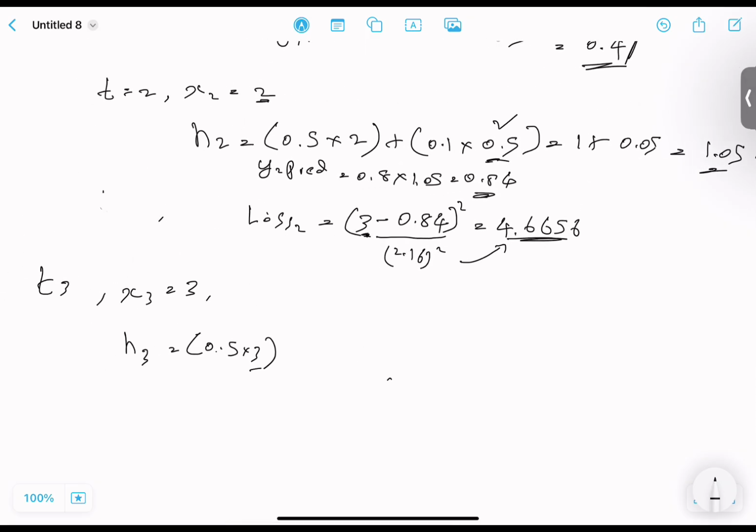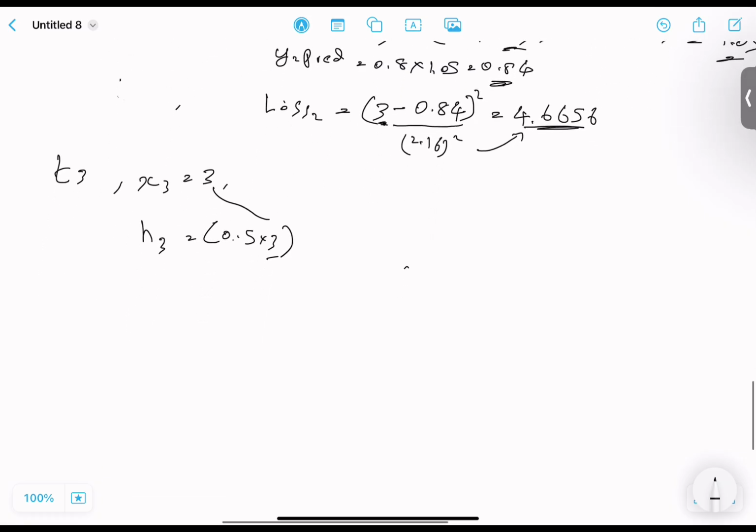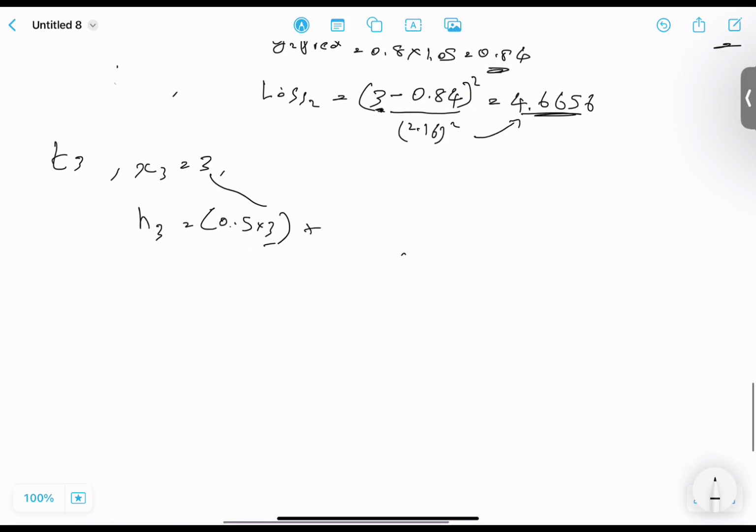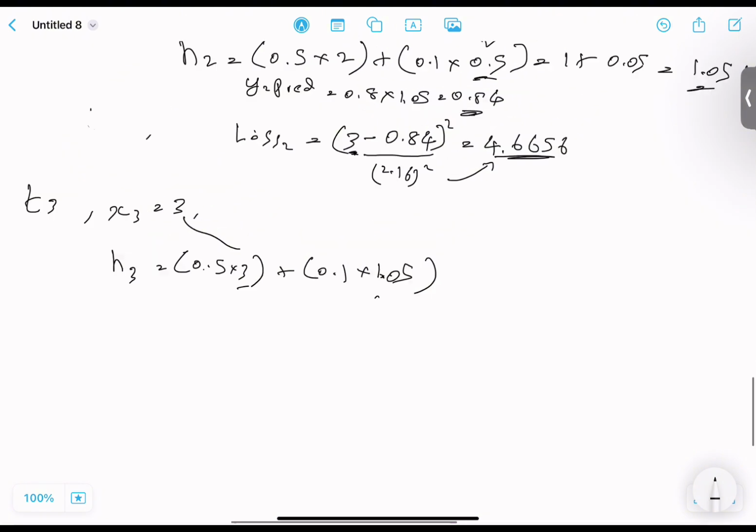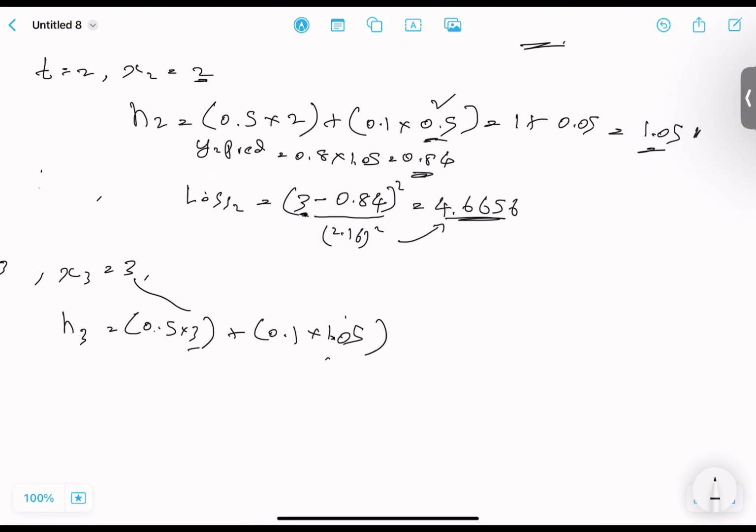Why 3? Because the input is 3. 0.1 into 1.05. I already explained where this 1.05 came from.